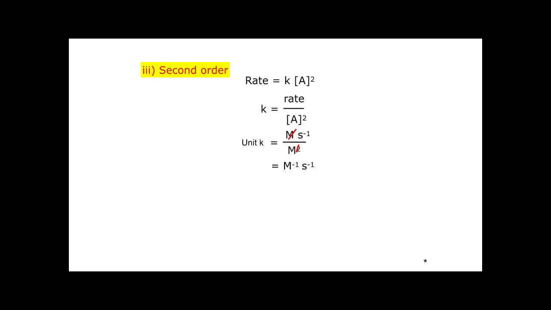Last but not least, if X is second order, rate is equal to K concentration A to the power of 2. So the unit of K would be M per second divided by M to the power of 2, and we will get per molar per second.